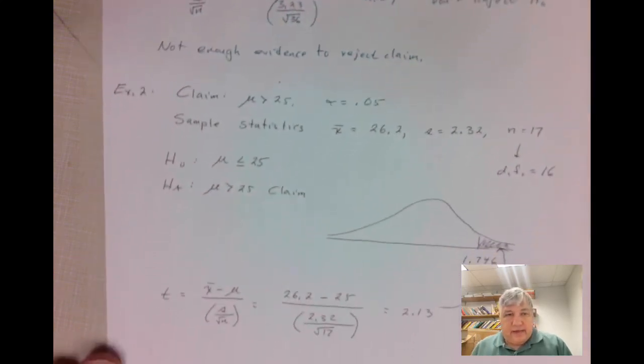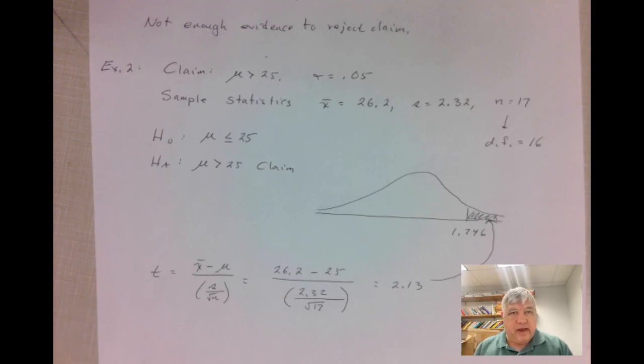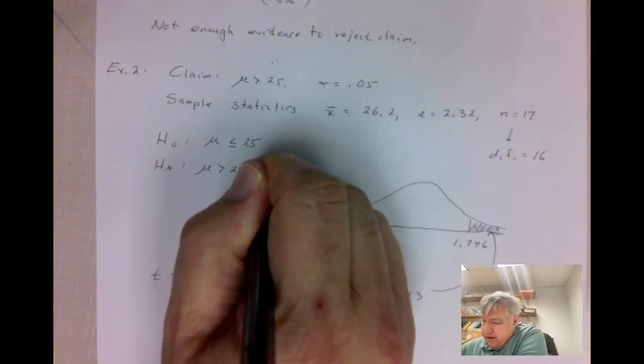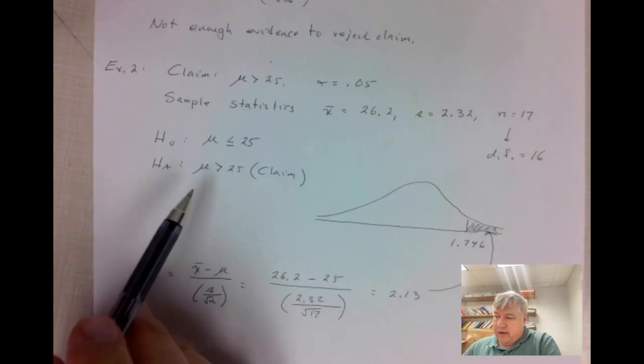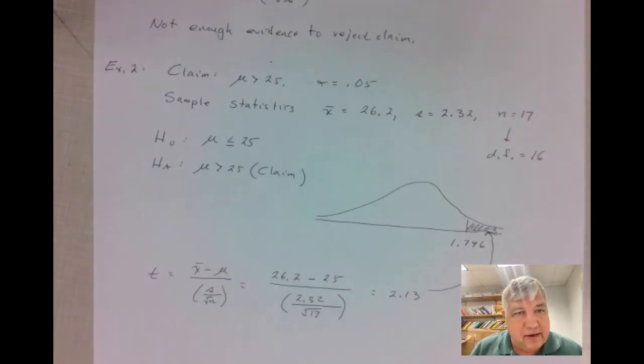Okay, next example. The claim is mu is greater than 25, and our level of significance is 0.05. Because the claim is a strict inequality, it has to be the alternative hypothesis, and the null hypothesis is the opposite of that: mu is less than or equal to 25.